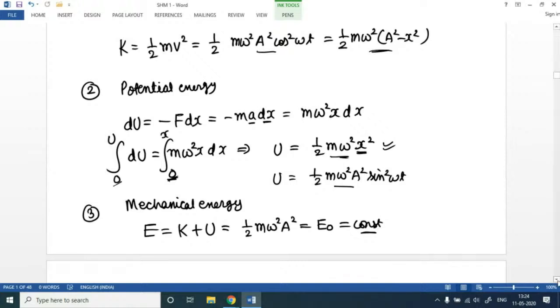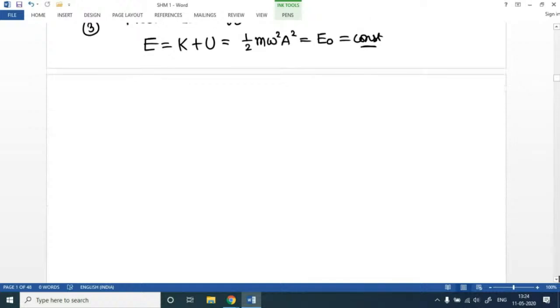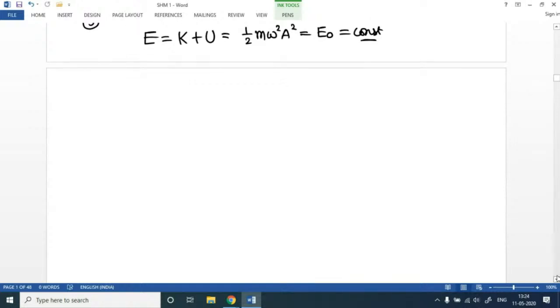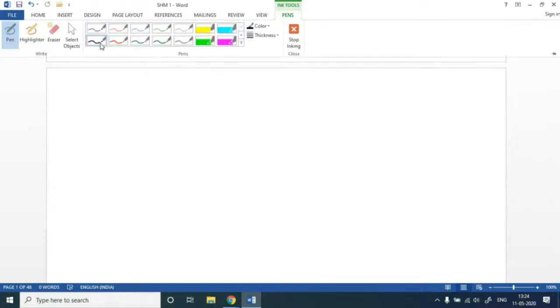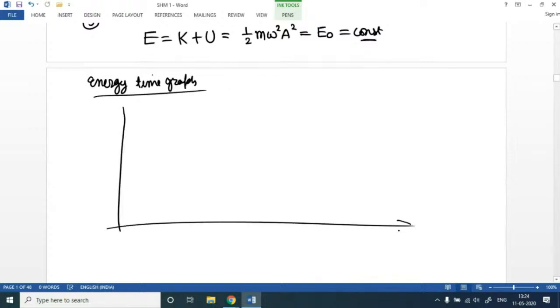So when we will be plotting the energy time graph or energy position graph, let's see how it will look. Let's draw the energy time graph first. Let's say this is time.